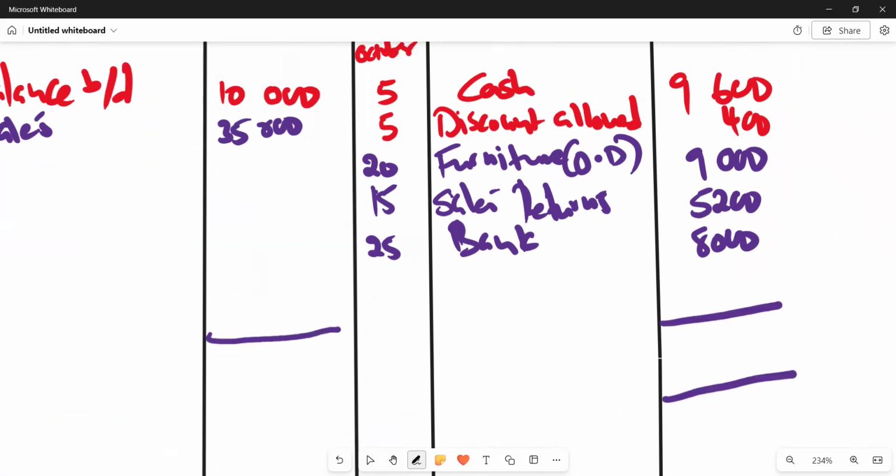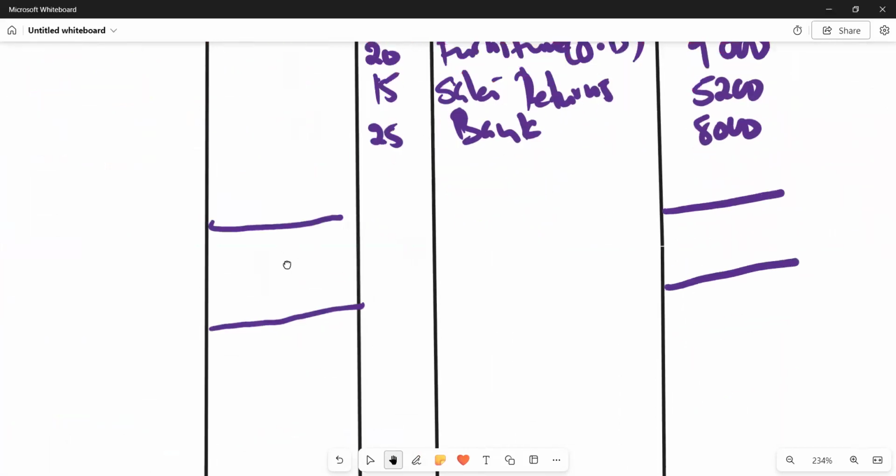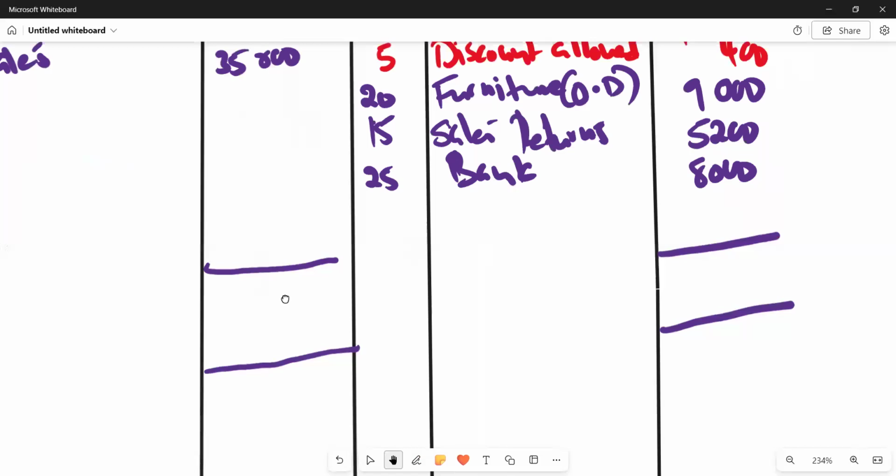Remember the steps that we do when we are balancing. Add the total of the credit and add the total of the debit. Compare the two totals, and then put the bigger total in between the double lines, both sides. The difference between the two totals should go to the side with the smaller total as the balancing figure.